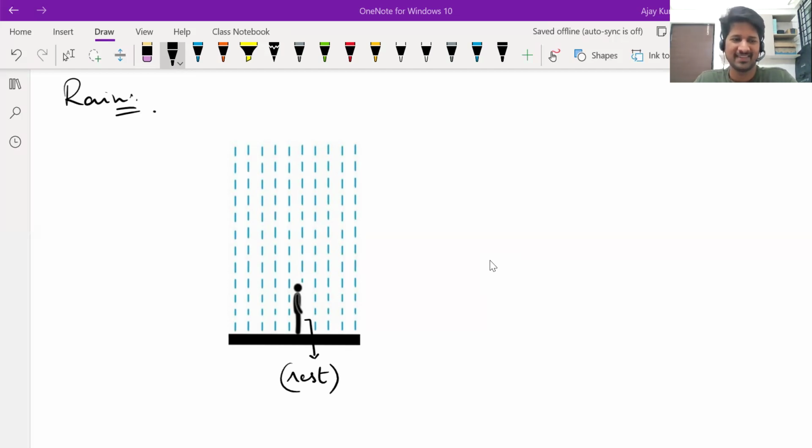Okay. Can any of you tell me a reasonable way to calculate the speed of raindrops, the speed with which raindrops fall to the ground? What makes raindrops fall?